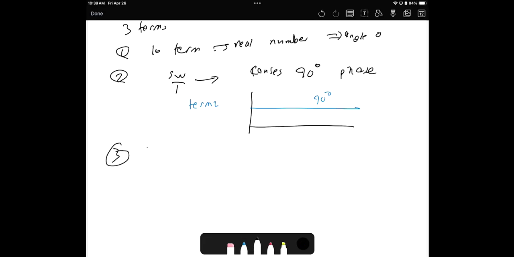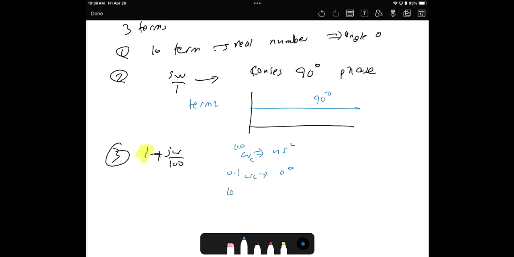Now, the third thing, which is 1 plus j omega over 1. So here, since there is plus 1, the cutoff frequency will matter. So what's happening here? At omega c, which is 100, it will be 45 degrees. At 0.1 omega c, it is 0 degrees.